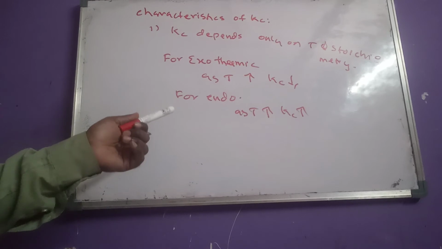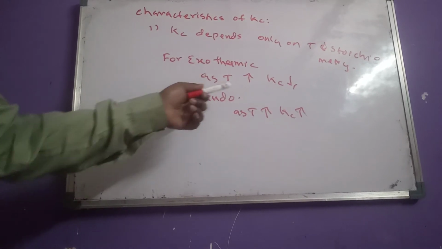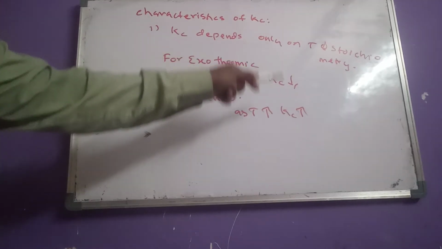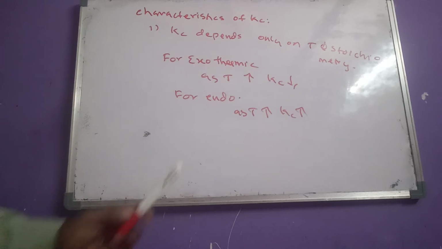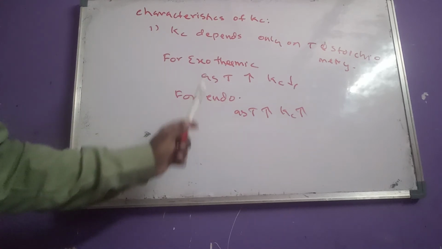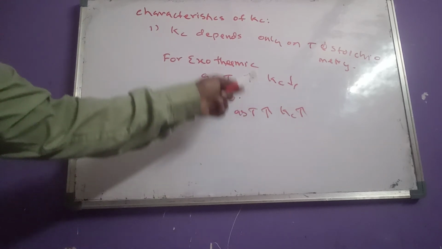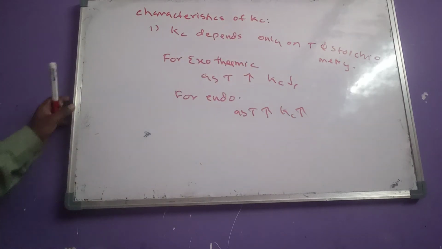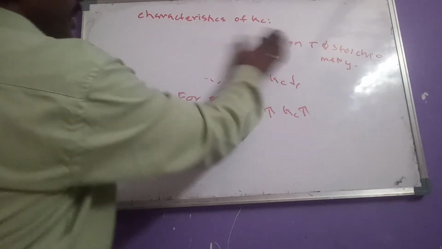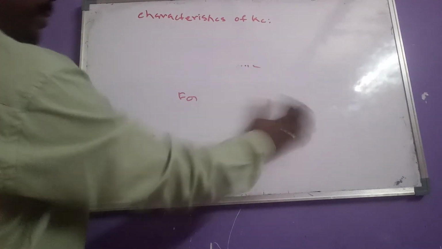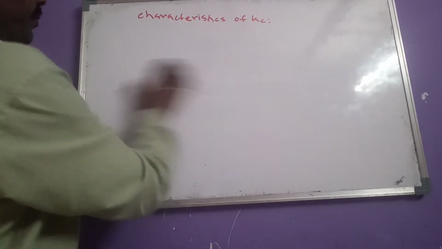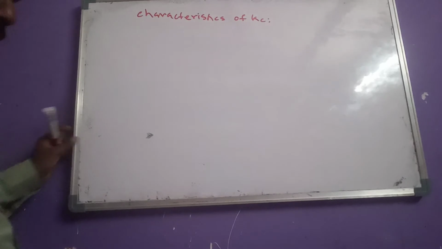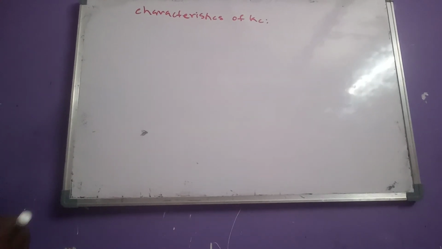For exothermic reactions, as temperature increases, Kc value decreases. But for endothermic reactions, as temperature increases, Kc value also increases. This is related to which one? Temperature.